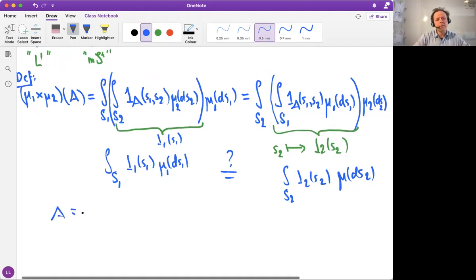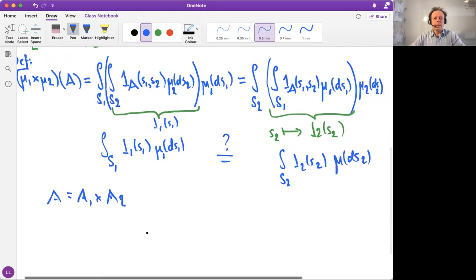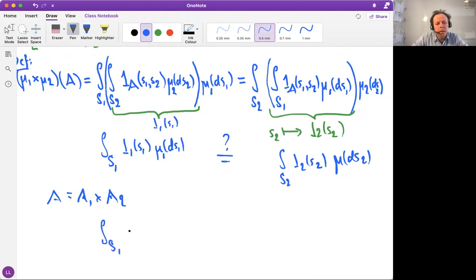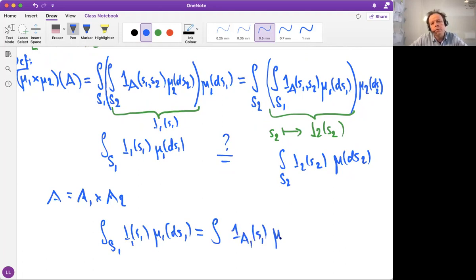Again, if A is a rectangle, what happens? The integral of I1 of S1 d mu1 of S1. We remember what we calculated for this. It was calculated to be just the indicator A1 of S1, and then there was the mu2 measure of A2. That's what we calculated for I1, and this is what we want to integrate with measure mu1.